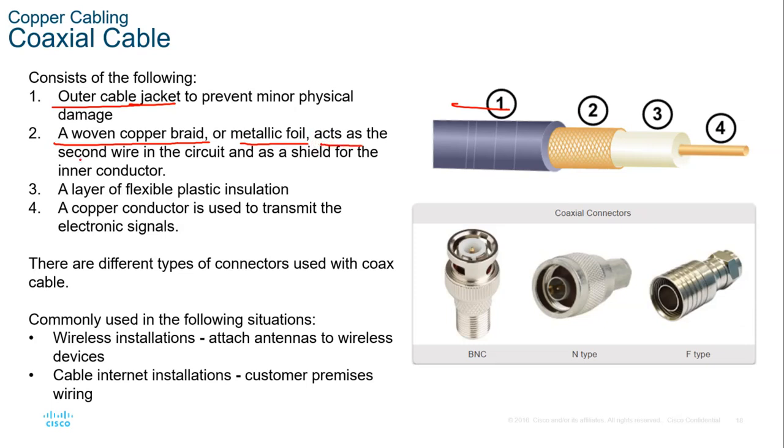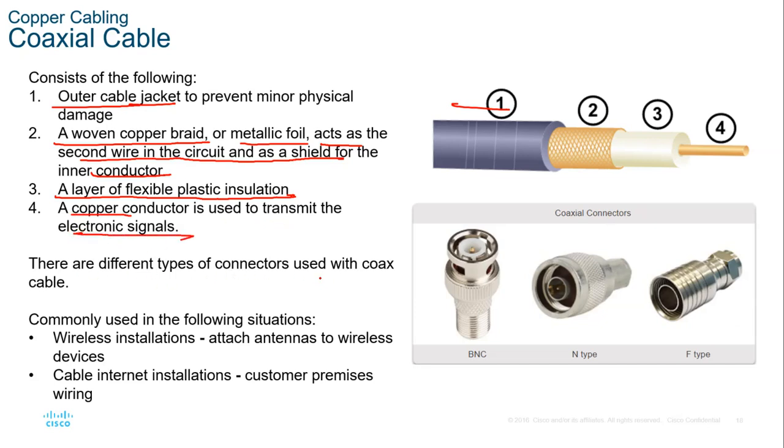It acts as a second wire in the circuit and as a shield for the inner conductor. Then three, a layer of flexible plastic insulation. It's an insulator again. Then four, a copper conductor, which is used to transmit the electronic signal.